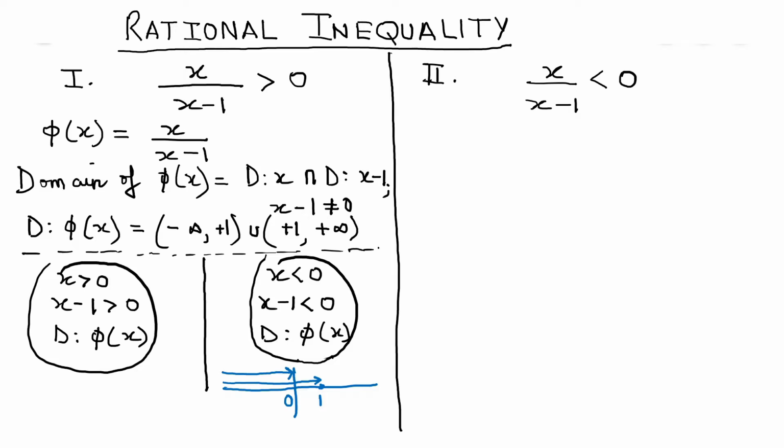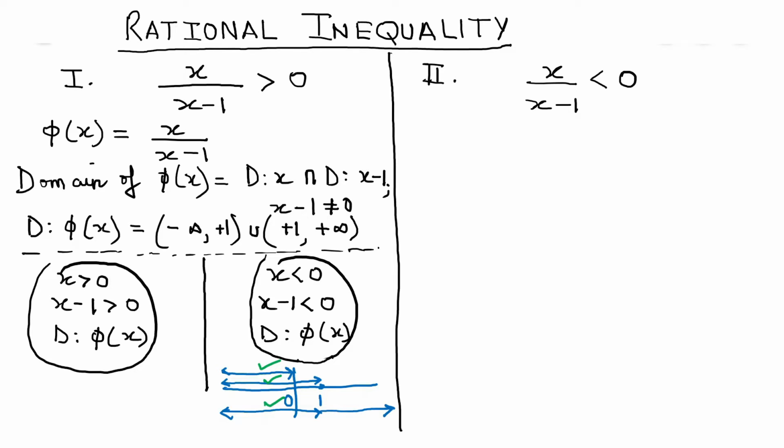And the third thing is we need to take this with the intersection of the domain of phi x, which is all real number values other than 1. When we take the intersection of all the three, we see that this area is common to all the three.